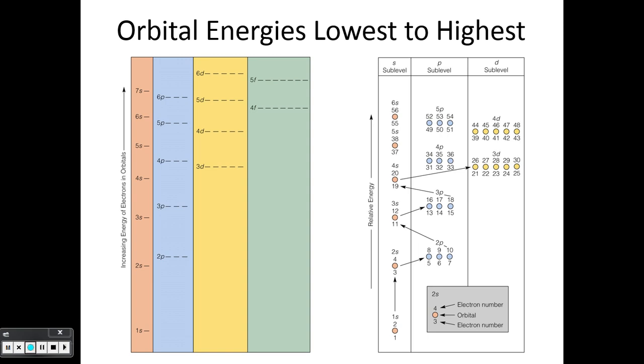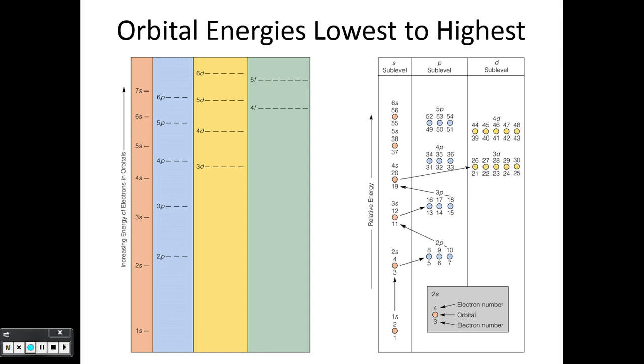Is it actually a value? No, it's more of a comparison, right? So here, if this is relative energy on the right-hand side, the chart on the right-hand side, that means that ones towards the bottom are going to be lower energy than the ones towards the top. Okay? So we're going to use this chart a bunch today. We're always going to read it from the bottom to the top.